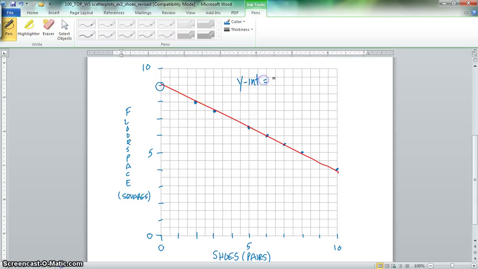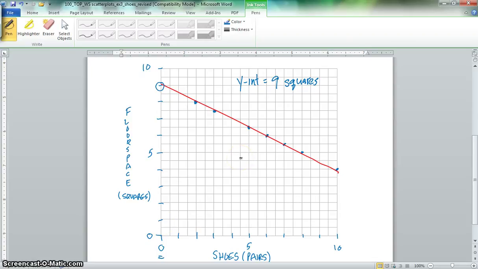Y-intercept equals 9 squares. So what does that mean? Well, that means when there are 0 shoes, there are 9 squares of free floor space.